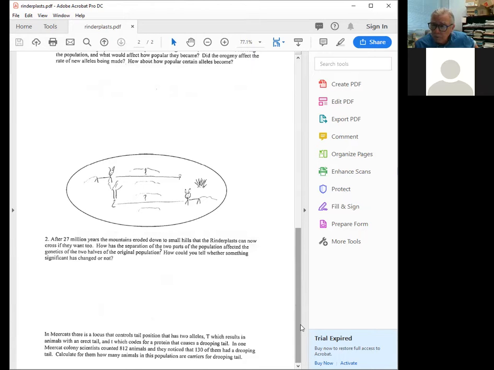So there's one part left to the problem. What's the problem actually looking for? How many animals in this population are carriers for drooping tail? Right. So how many animals in this population are carriers?